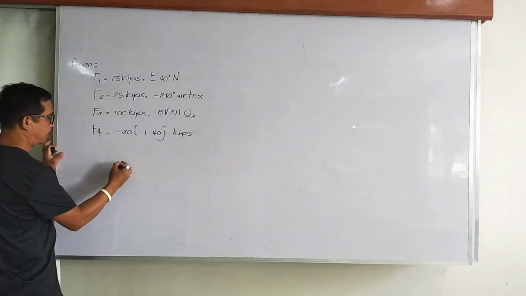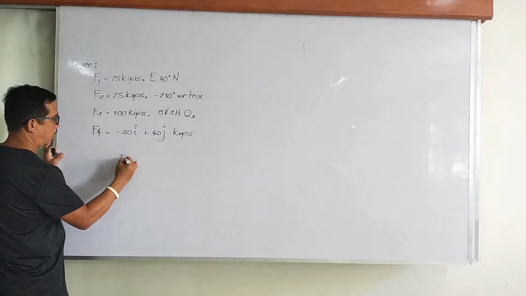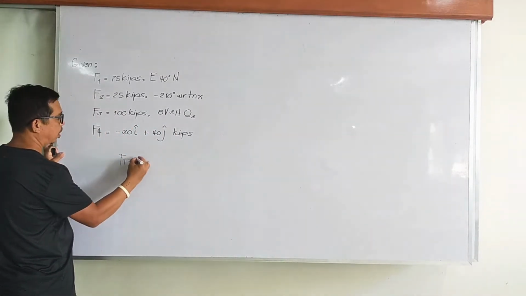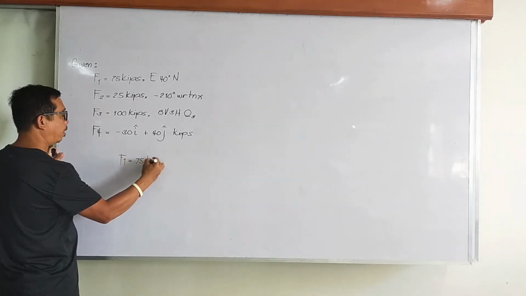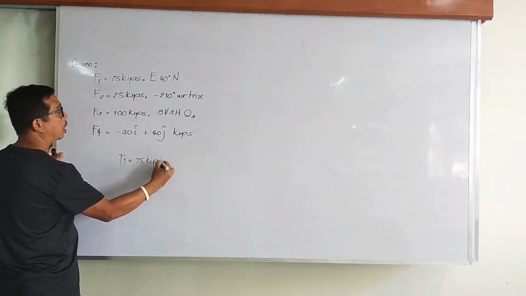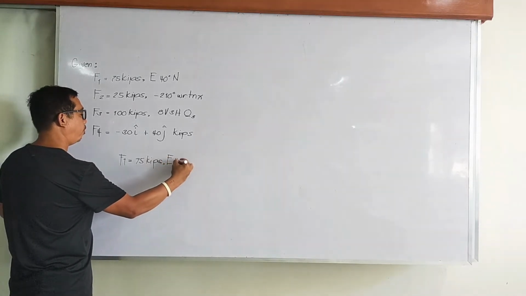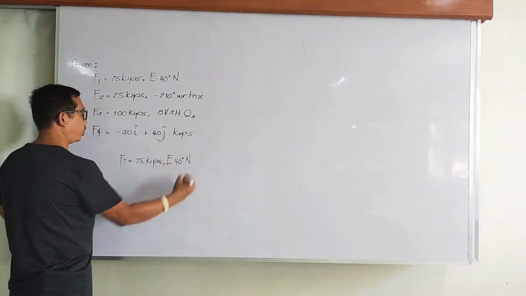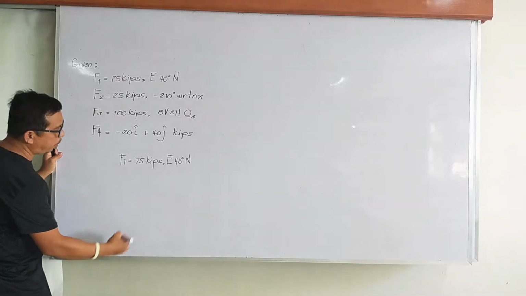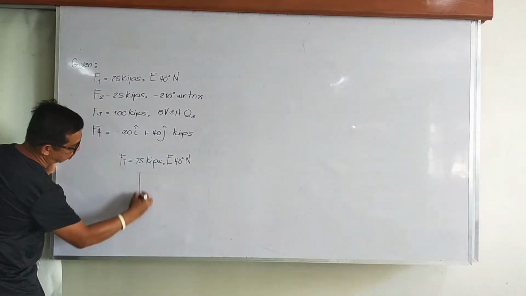Ano ba yung ating unang given? F1, 75 kips east 40 degrees north. Ang ibig sabihin ng engineer, no?